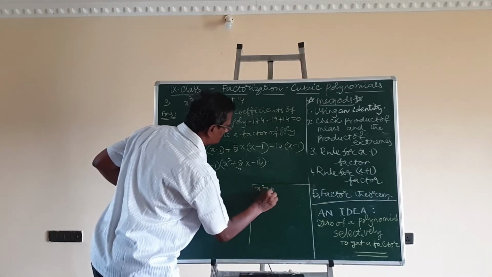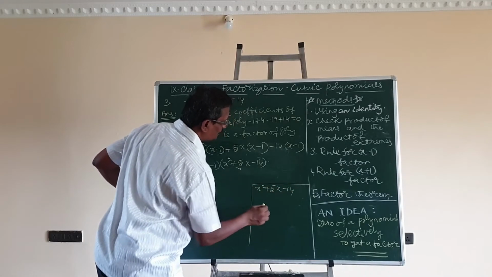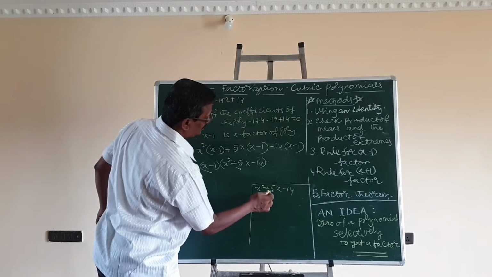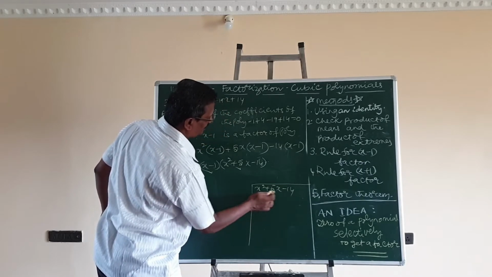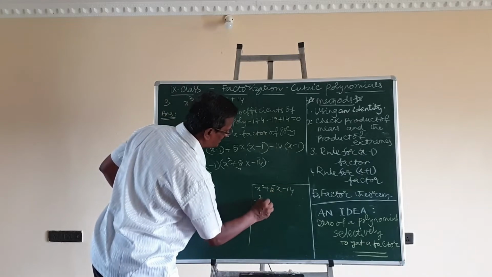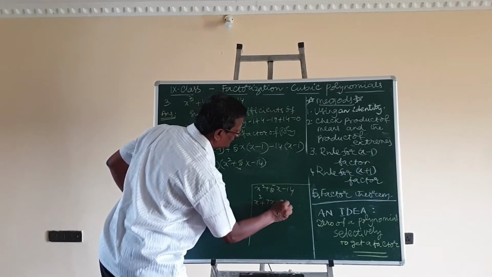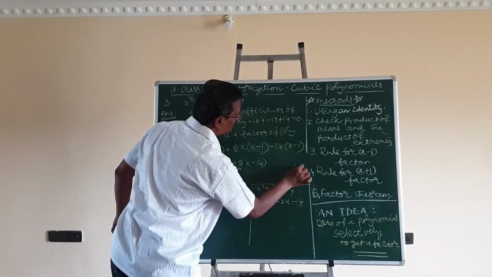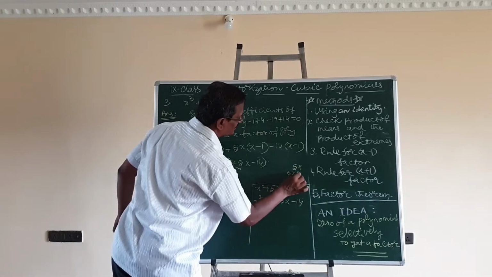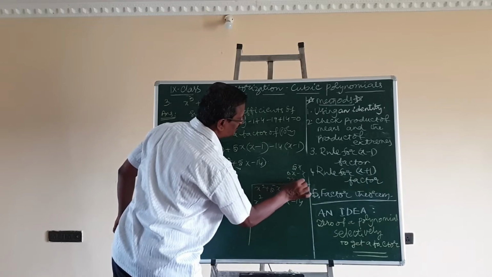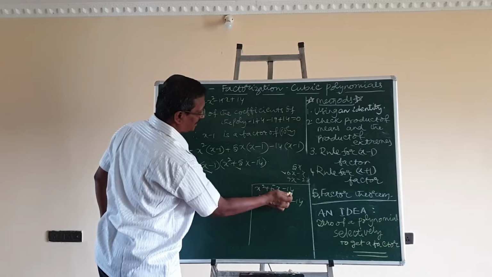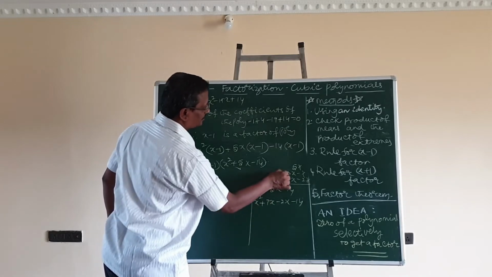x square plus 5x minus 14: split the middle term, 7 twos are 14. So here I can write 7x minus 2x minus 14. As an idea, 5x can be written as 6x minus 1x or 7x minus 2x. If you multiply, we will not get the required product minus 14x square, so it is wrong.